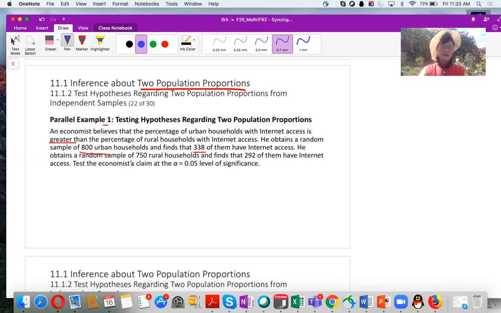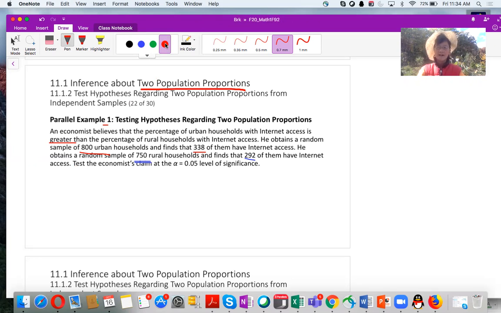He obtains a random sample of 750 rural households and finds that 292 of them have internet access. Test the claim at the 0.05 level of significance.